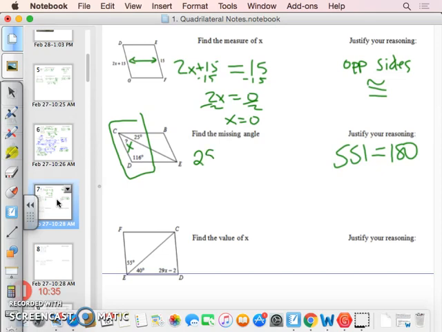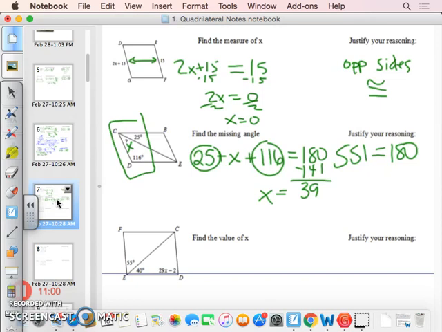So 25 plus x plus 116 is going to all equal 180 degrees. So if I combine the 25 and the 116, I'm going to end up taking away 141, and I'm left with 39. So x equals 39. And this is degrees.